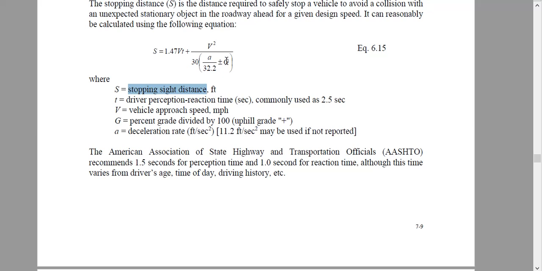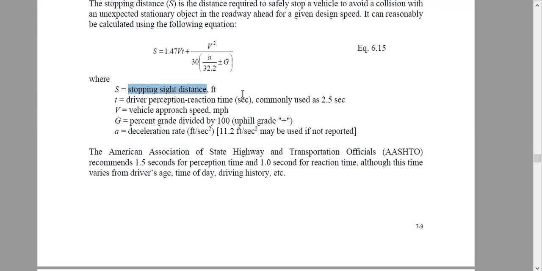If it is plus, the denominator is higher, so this value will be lower. So again, uphill means plus, and it is a fraction. A is deceleration, and that is 11.2 feet per second squared, or most probably 3.4 meters per second squared.